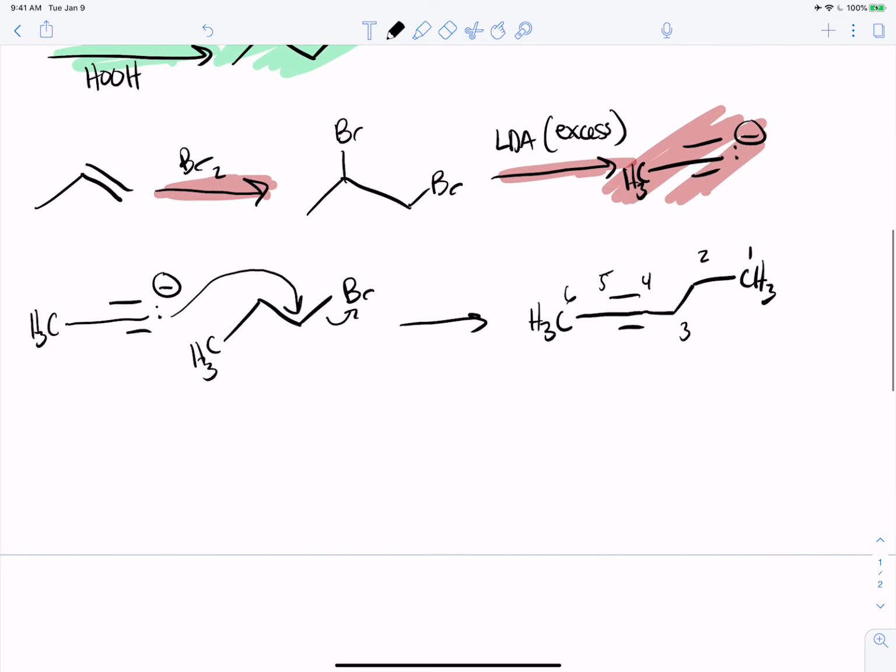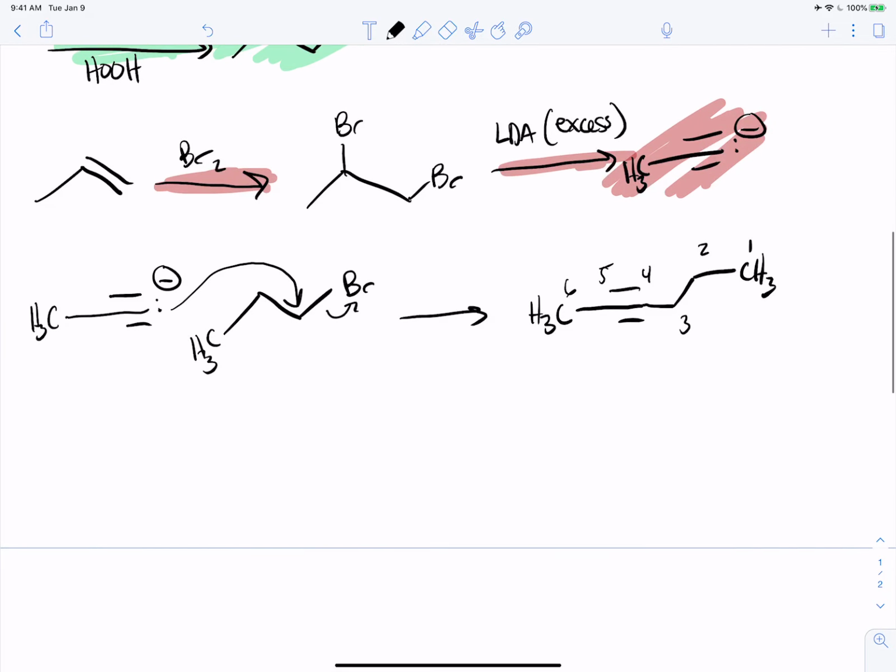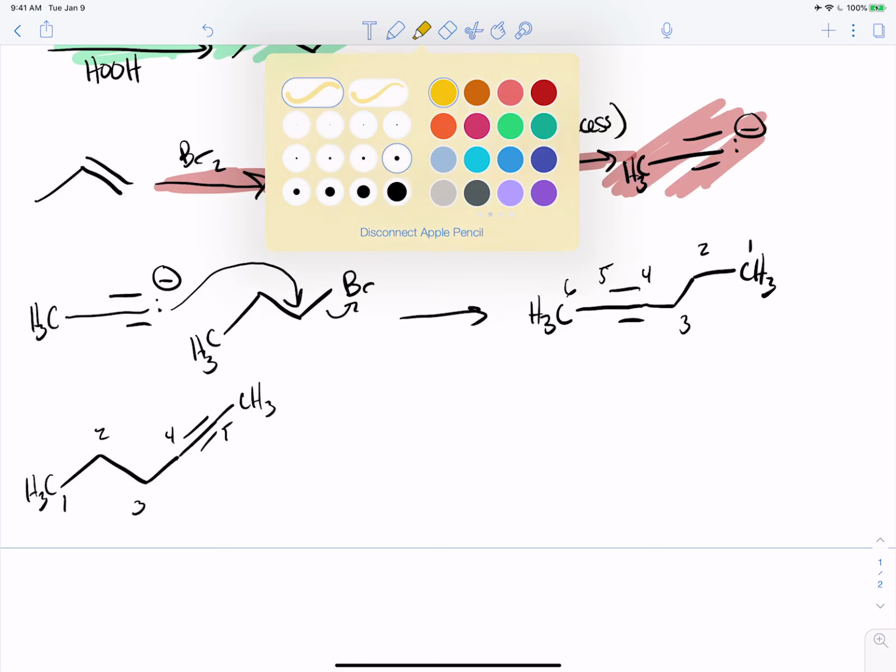Okay. So now we've got our carbon chain formed, and we want to do our functional group transformation. So these are the ones that I did retrosynthetically. If you were a little bit confused about what conditions to use to go between those retrosynthetic arrows, I'll show you that real quick. Let me double check here.